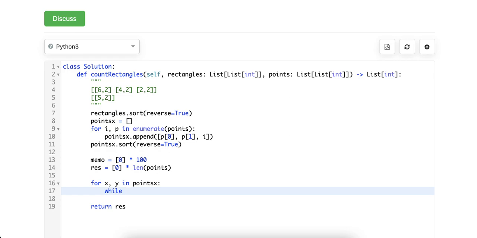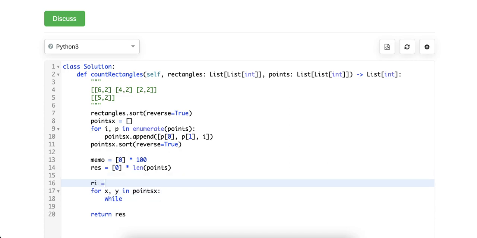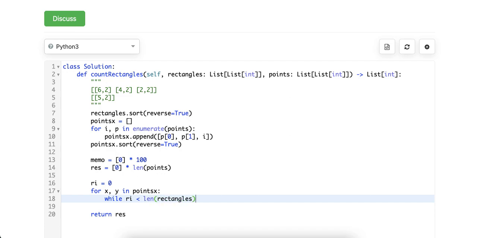Let me show you what I mean by that. So in other words, we need to keep the index of the rectangle that we are looking at. Of course, it's starting from 1. And we need to sanity check that it never goes beyond the maximum.